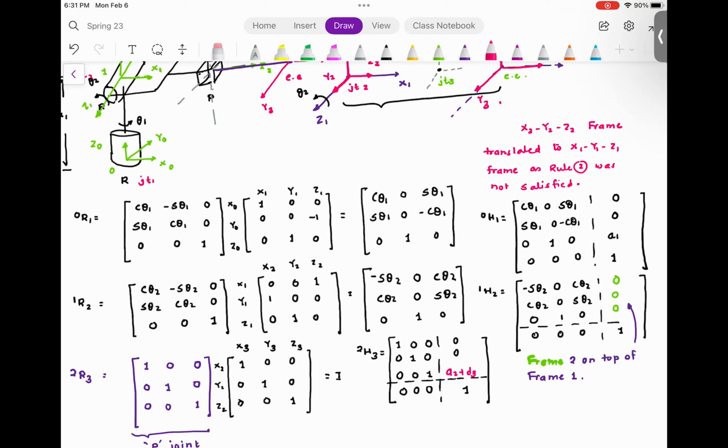While calculating the 1h2, are we also assuming that the second frame is also rotating along with the first one? Yeah.